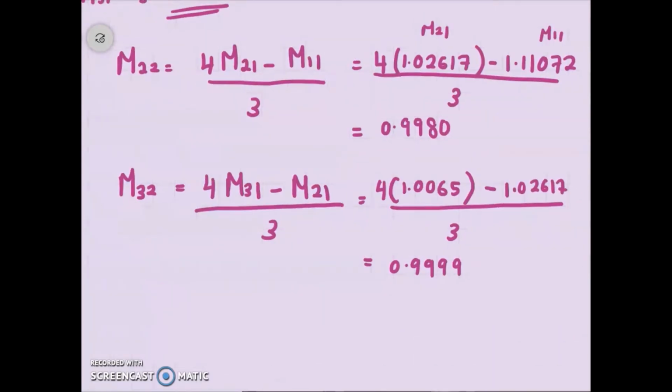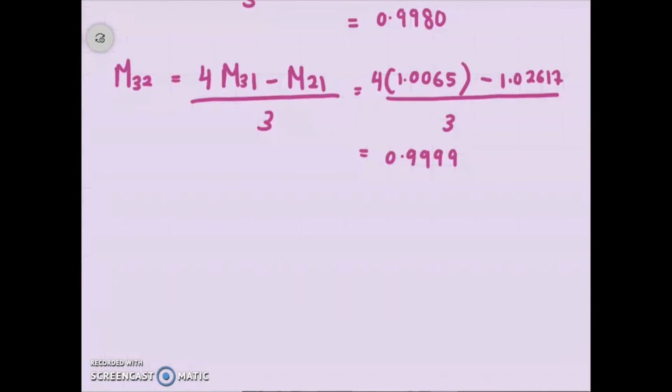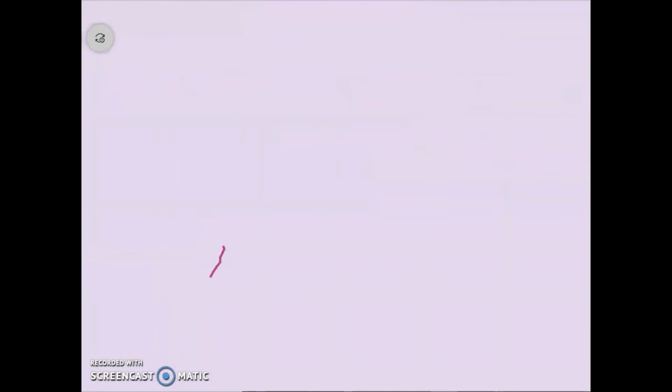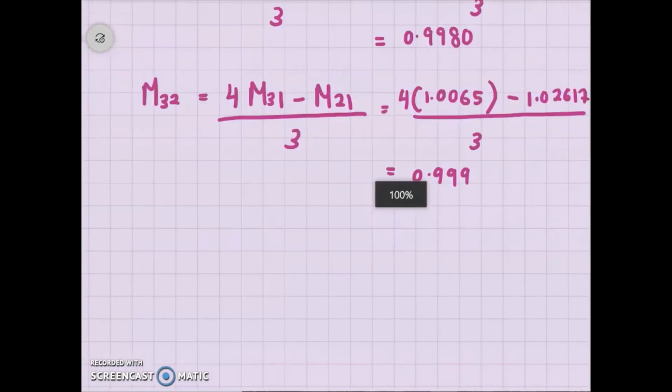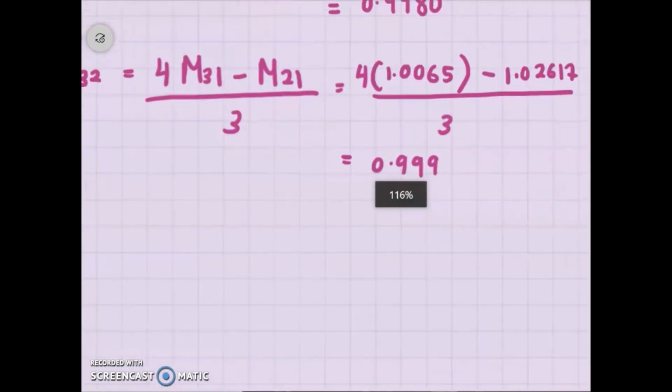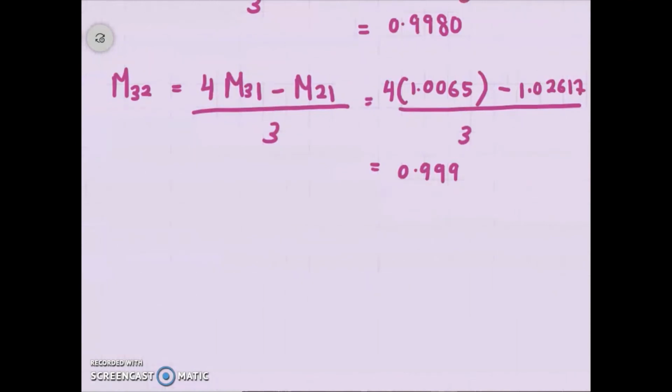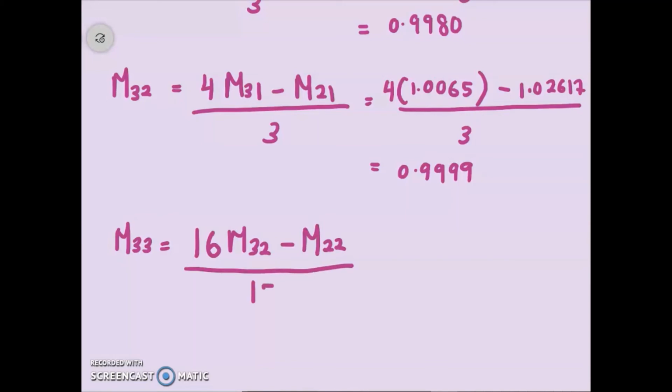Now the second level of extrapolation. I just want to sketch it again so that you know what you're doing. To find M33, the formula is 16 times M32 minus M22, divided by 15.